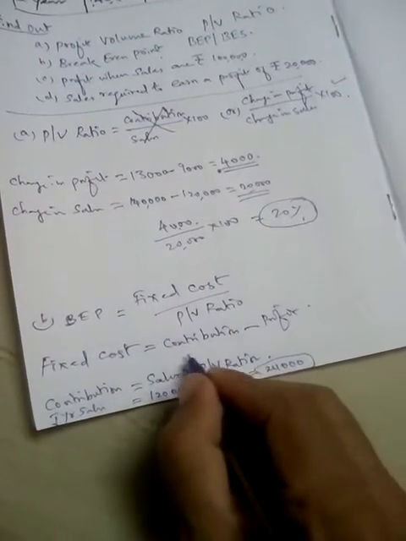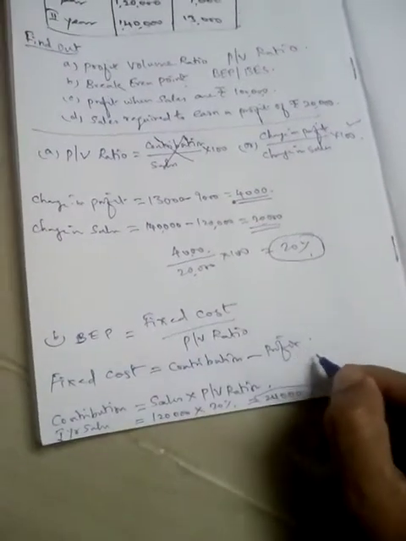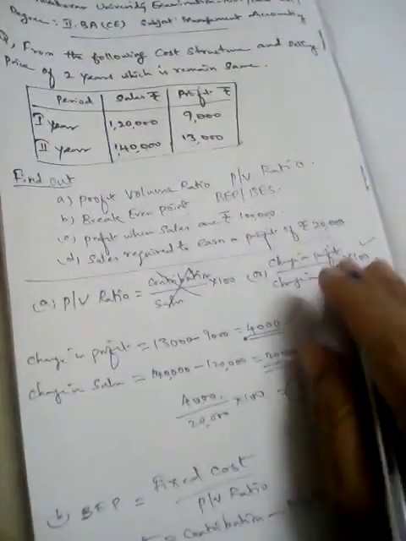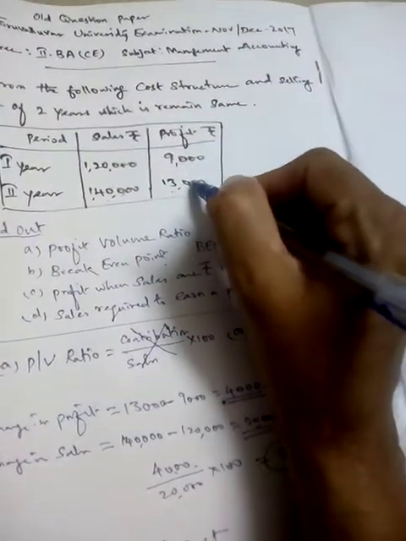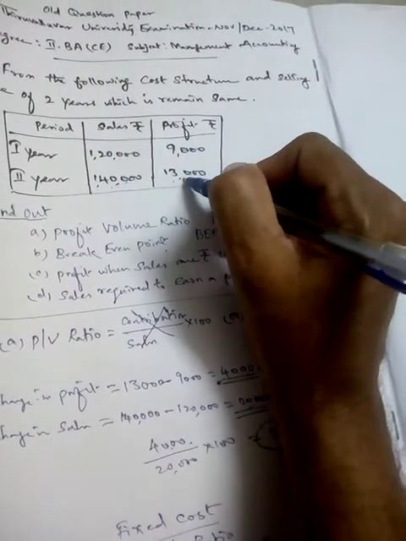Now we use the formula: fixed cost is contribution, 24,000, minus profit. In the question two profits are given, 9,000 for the first year and 13,000 for the second year.